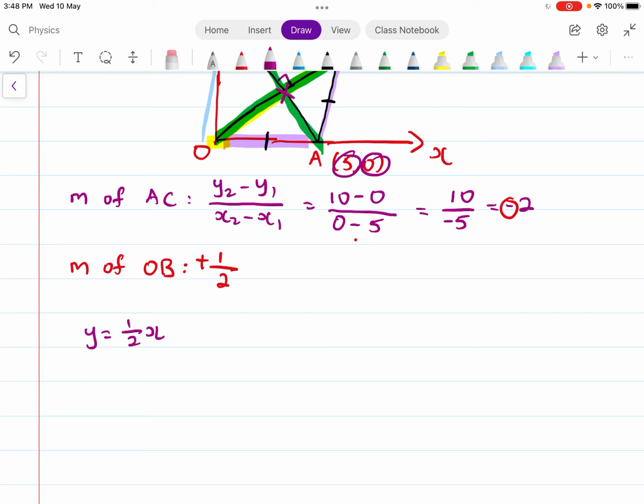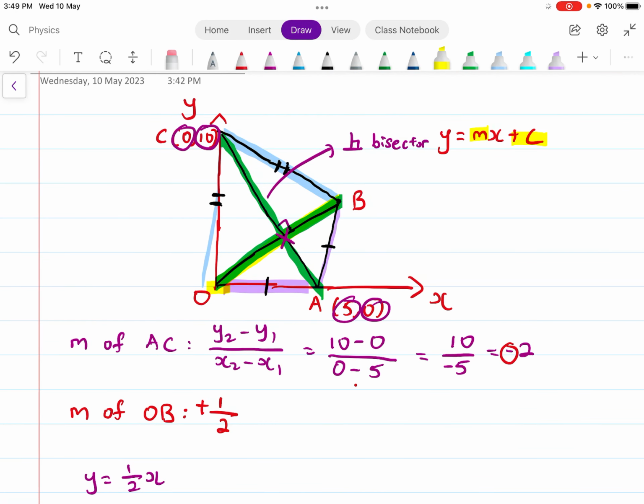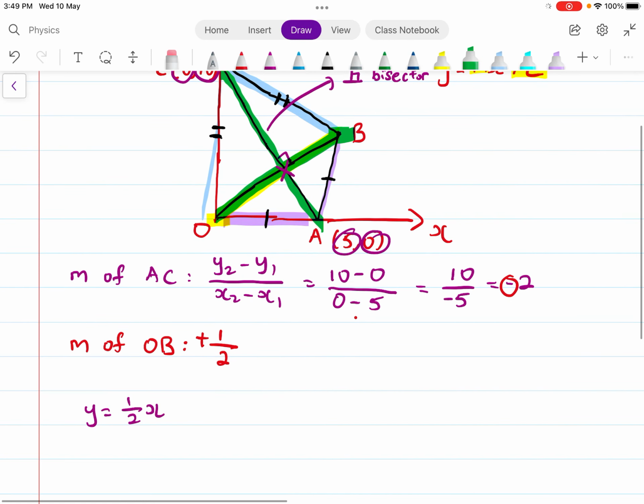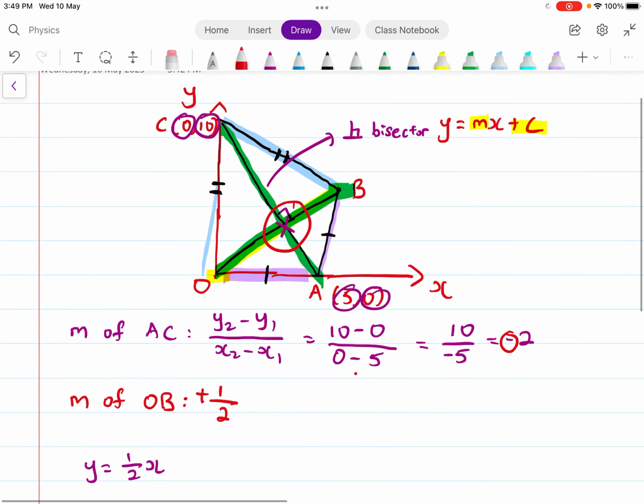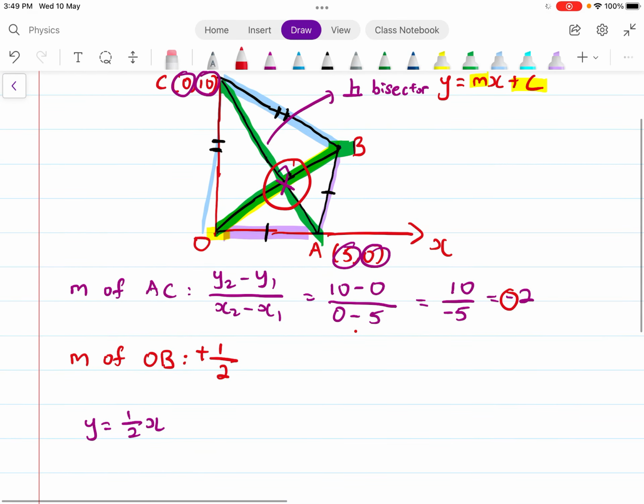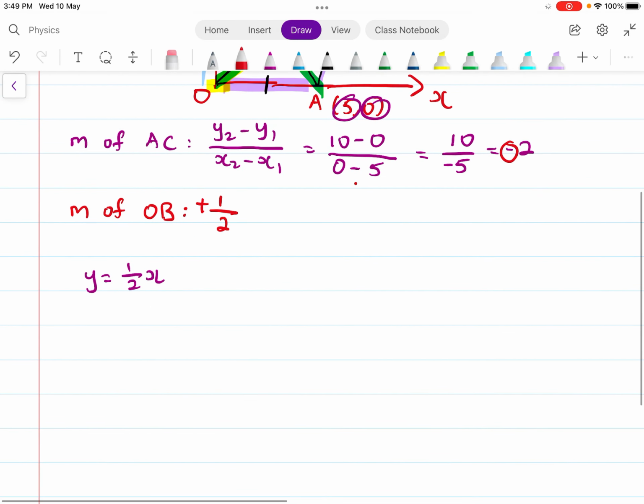Second part, we are asked to find the coordinate of B, which is this part. First thing we must recognize is that this point is the center of OB, meaning AC cuts OB at the center. So first let's determine the equation of AC. I already know my equation of OB is y equal to half x.